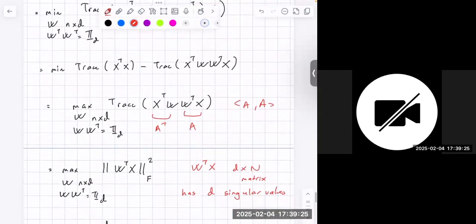So I'm trying to maximize the norm of this guy. This is my data matrix. I'm trying to find an orthogonal matrix, it's n by d. Its transpose is d by n. My big matrix here, this guy, is n by capital N, yes.